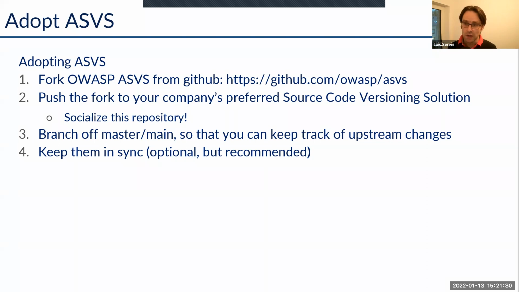So now you have an upstream remote, which is OWASP ASVS, and your own remote, which I will call GitLab. Now you have two. I would advise you to branch off of main so that you can keep track of incoming upstream changes in a separate branch. And then you can sync them.